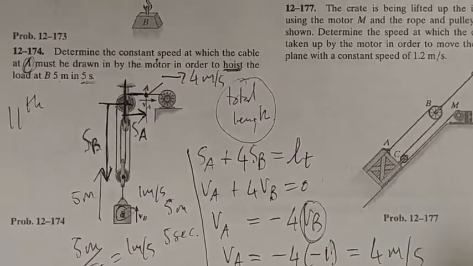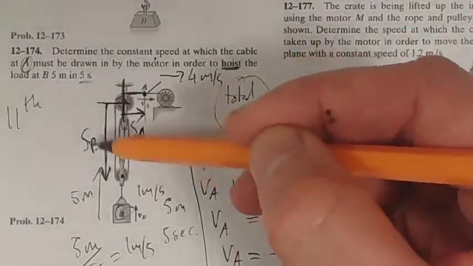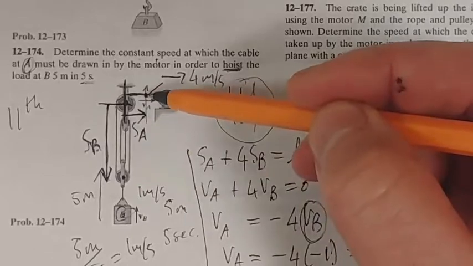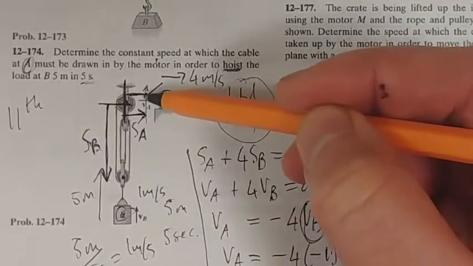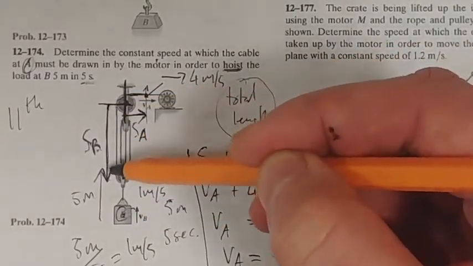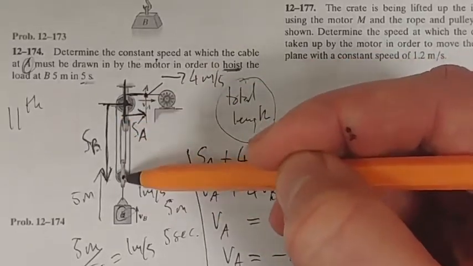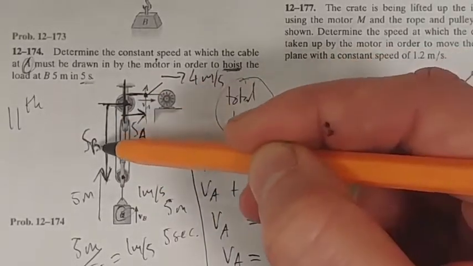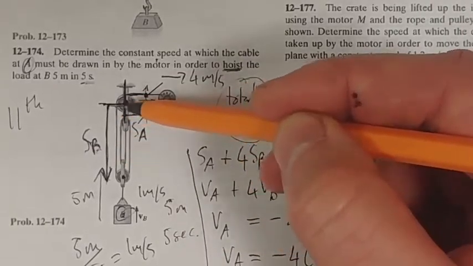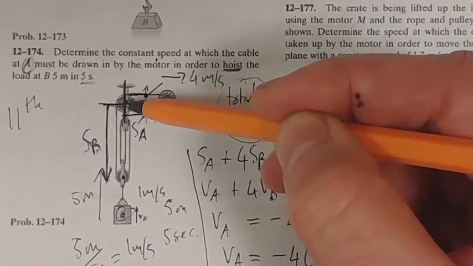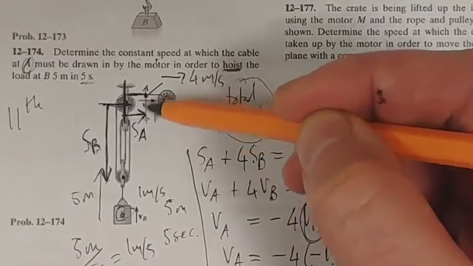So if you recall, this was the previous problem, so it's very messy. Ignore all the mess and just focus on SB and SA. Remember how we defined our positions of the 2 points of motion? SB was down from the datum, positive down, and SA was from the datum to the right, positive.